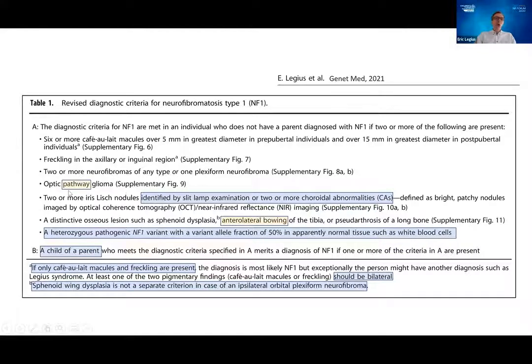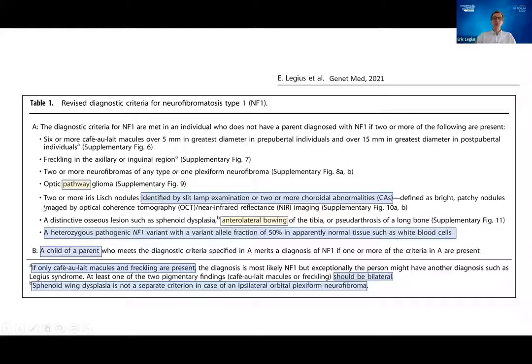The ophthalmologic criterion here with the lisch nodules, there we added that it should be identified by slit lamp examination and that you could also have 2 or more choroidal abnormalities if you use optical coherence tomography, so OCT scanning, which is a new technology that is available now, that was not available at the moment when the previous diagnostic criteria were put together.